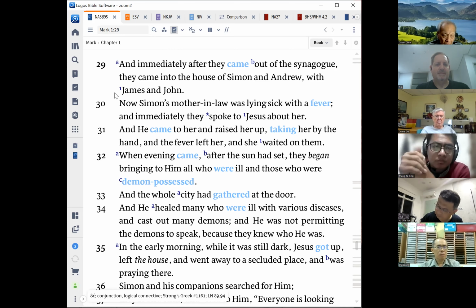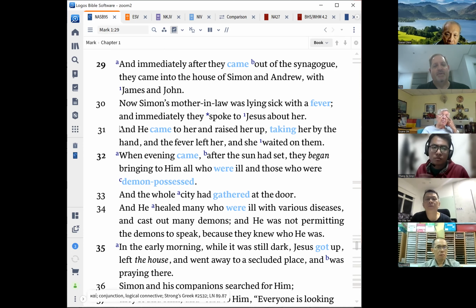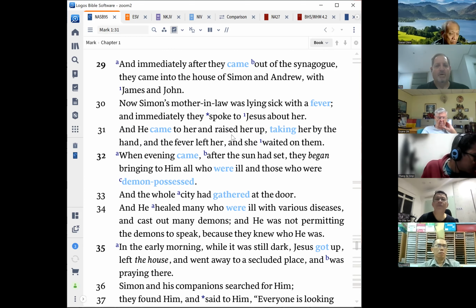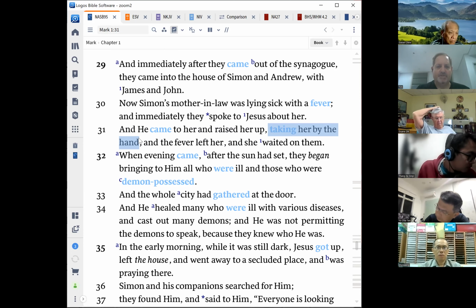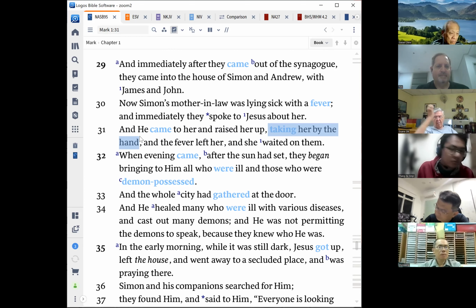I'm not looking for anything super deep theological here, but just something that I noticed reading. It says he came to her, that is Peter's mother-in-law, raised her up, taking her by the hand. And the fever left her, and she waited on them. And I think what struck me was this remark from Mark about taking her by the hand. What does that communicate by Jesus doing that? It's an interesting detail, I think.